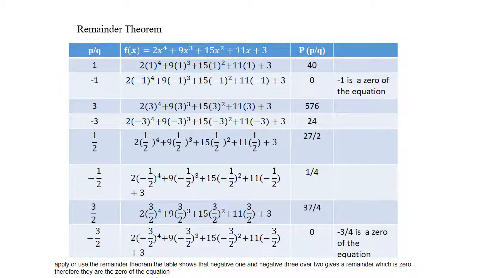Apply the remainder theorem. The table shows that negative 1 and negative 3 over 2 give a remainder of 0. Therefore, they are zeros of the equation.